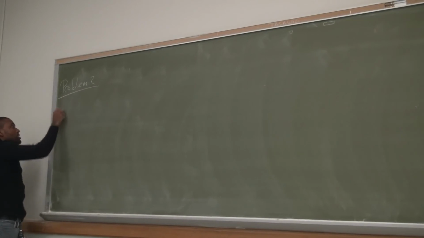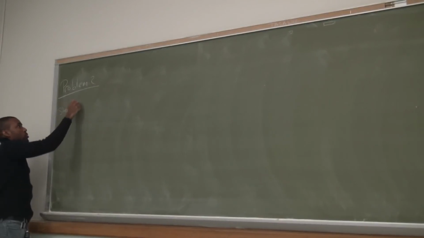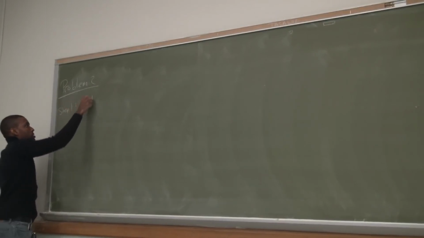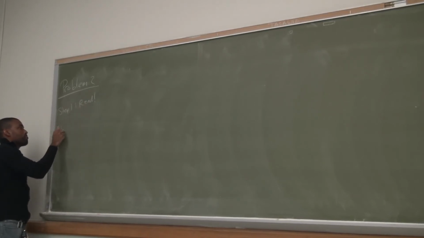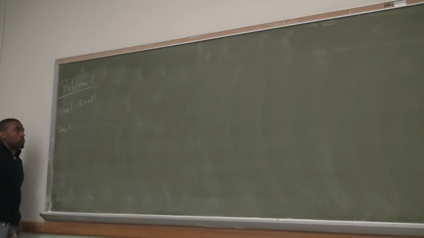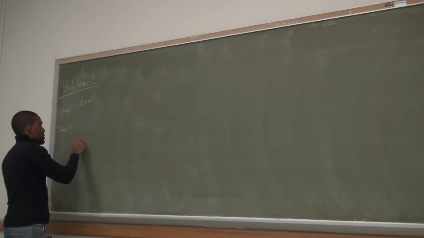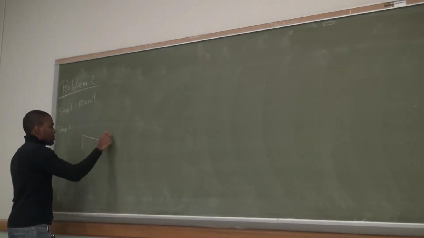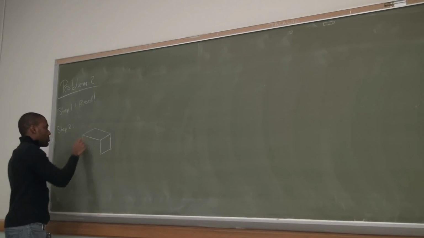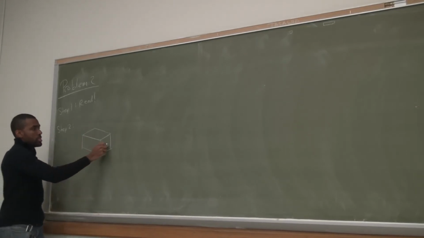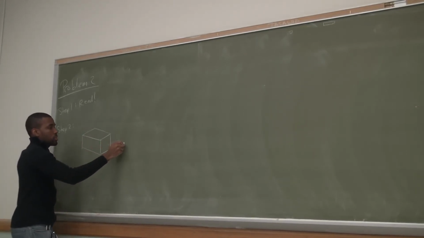So of course, step 1, you read it. Okay, good. Step 2. What do I want to do? Draw a picture, right? So here this is describing a rectangular box. So I'm going to draw a box. Now this side should be a square.